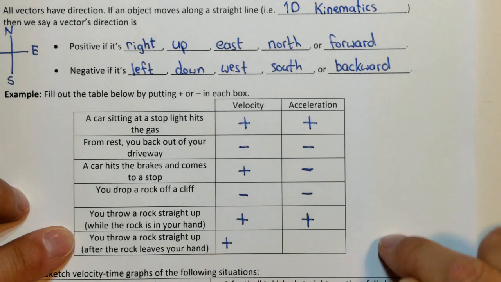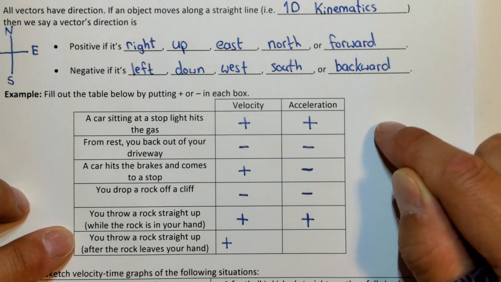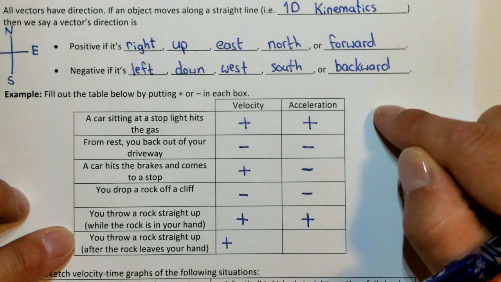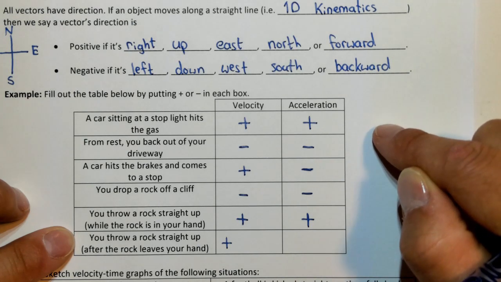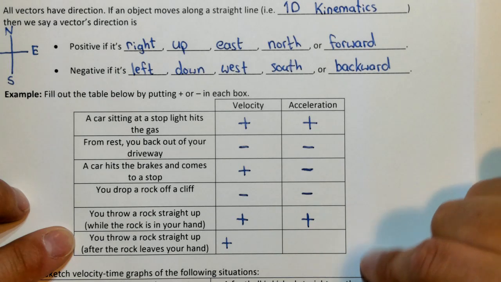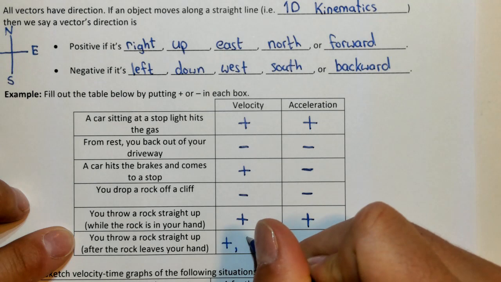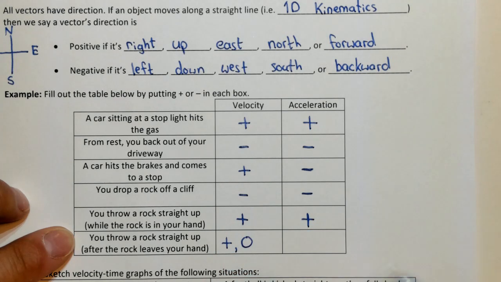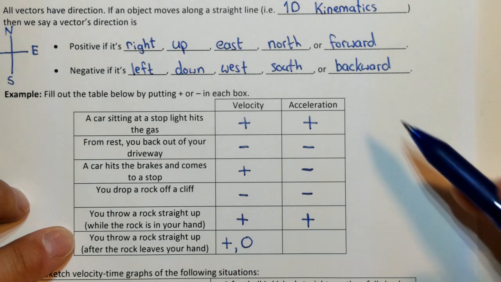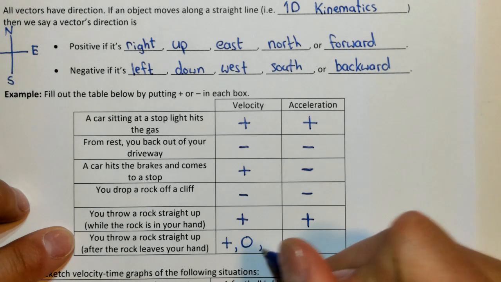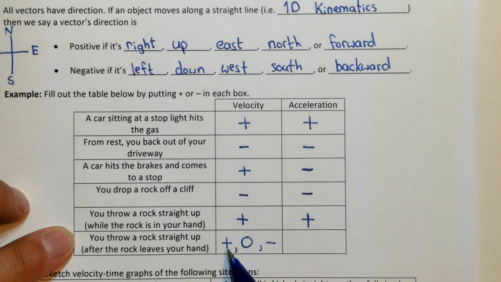But then it reaches a point where it can't go up anymore, and for an instant, it stops. And then it starts to come down faster and faster and faster. So we got a positive velocity. Then for an instant, velocity is 0, right at the top, right at the apex. And then the velocity starts to become negative.